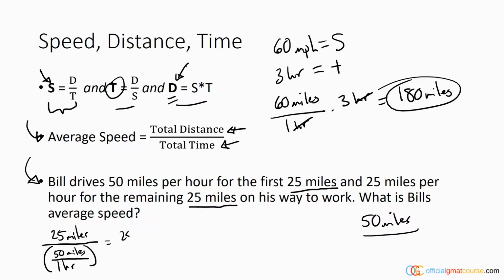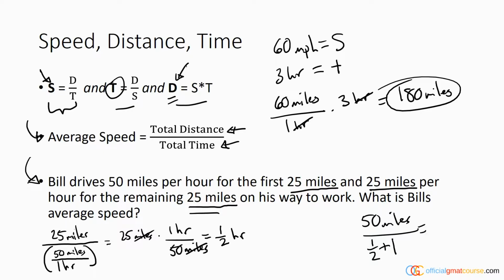So this is equal to 25 miles times the reciprocal, 1 hour over 50 miles. You notice the miles cancel. We get 25 over 50, which is 1 over 2, and we end up with 1/2 hour as the final value. Then we have 25 miles per hour for the remaining 25 miles, which is going to equal exactly 1 hour.